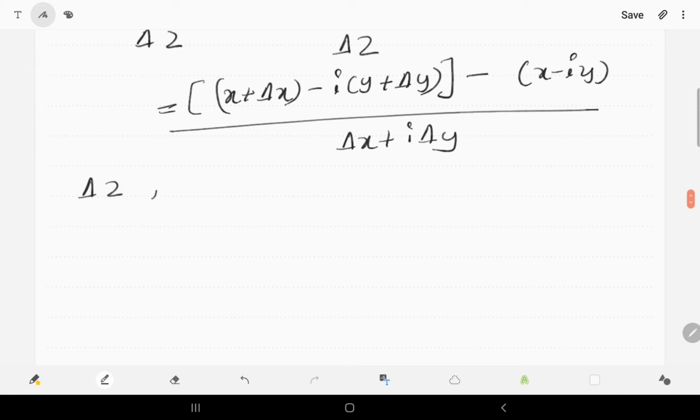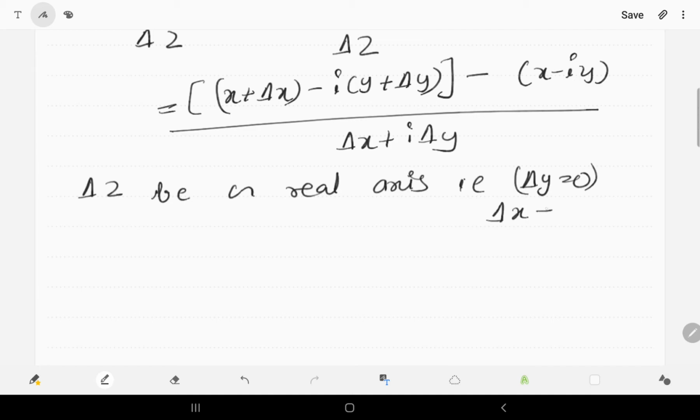Let delta z be on the real axis. Suppose it is on the real axis, that is delta y is equal to 0. Real axis means delta y is equal to 0, which implies that delta x tends to 0. As delta z tends to 0, delta y is equal to 0, that means delta x tends to 0.